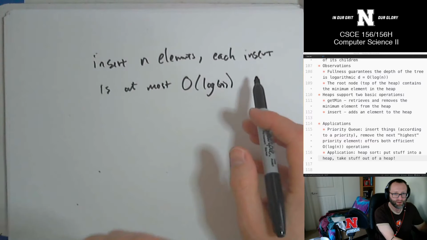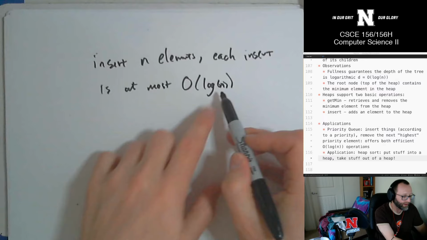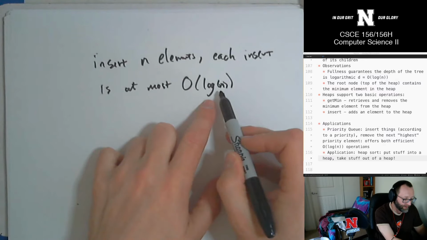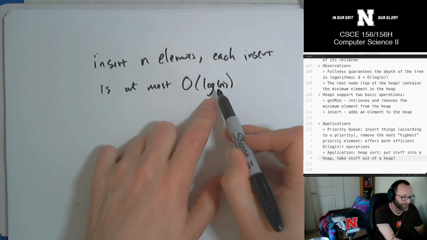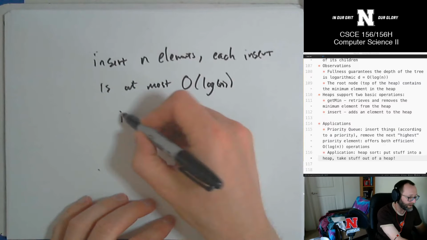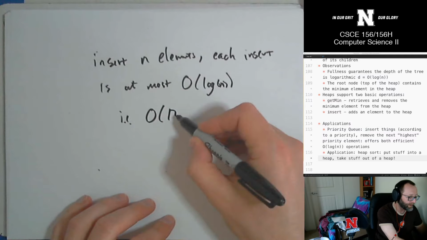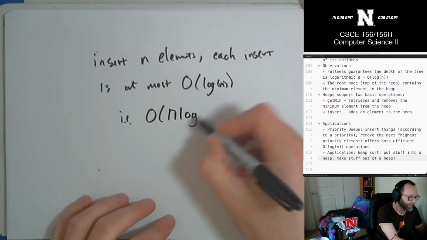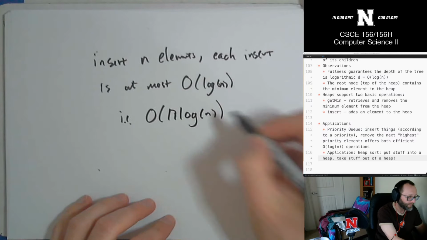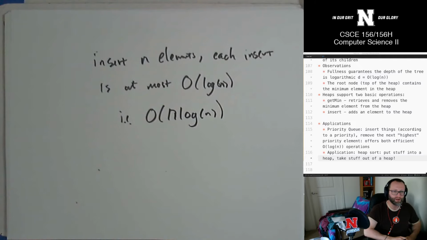Assuming that everything is started in there to begin with, then it costs you at most log n to insert something. In other words, the entire process here is going to be order n log n, right? Which matches the efficiency of quicksort, merge sort, and the fast sorting algorithms that we looked at.